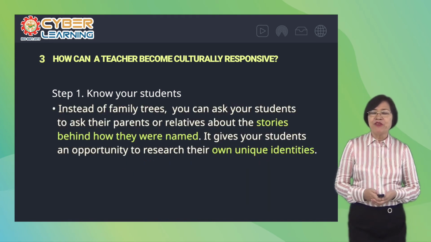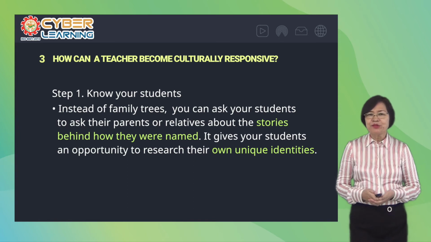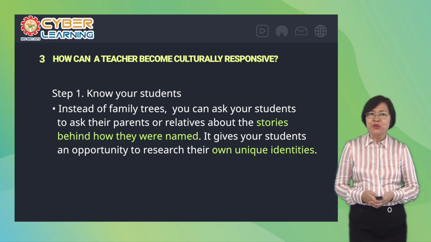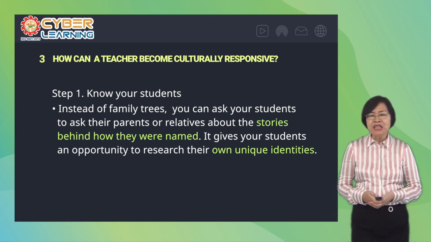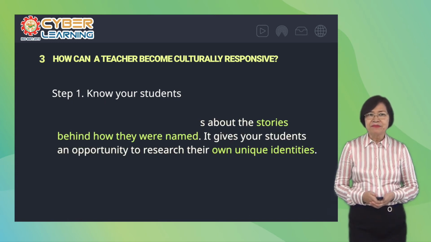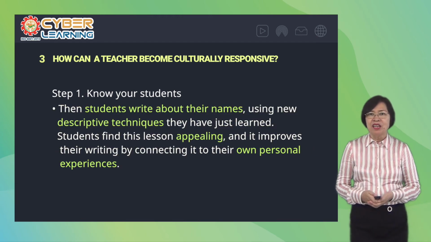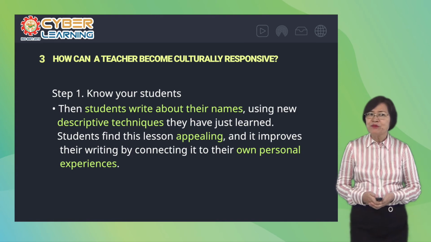Perhaps, instead of family trees, you can ask your students to ask their parents or relatives about the stories behind how they were named. It gives your students an opportunity to research their own unique identities. Then students write about their names using new descriptive techniques they have just learned.